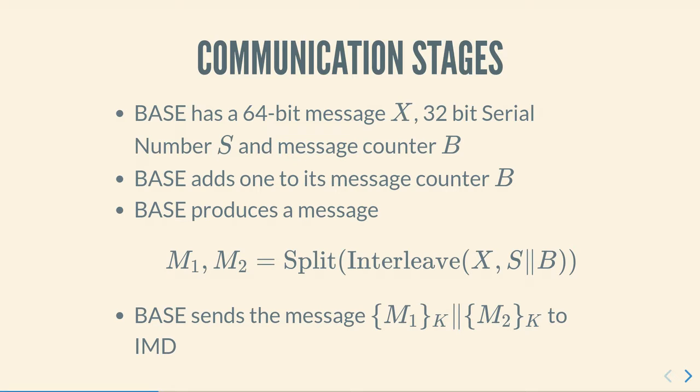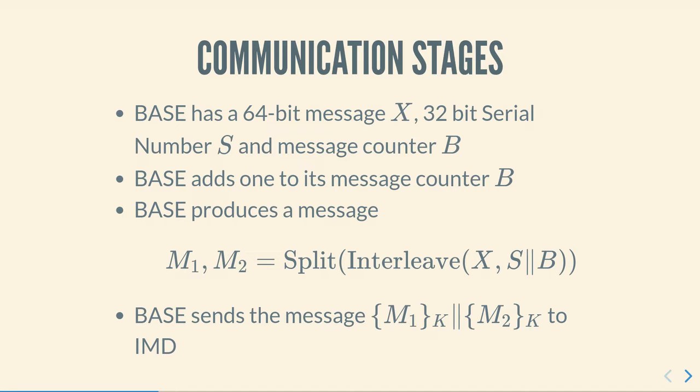So that's the 64-bit message, and then the 64-bit concatenation of the serial number and the message counter. And then it interleaves those two on a bitwise basis to produce a 128-bit value. And then it splits that into two even parts, M1 and M2.